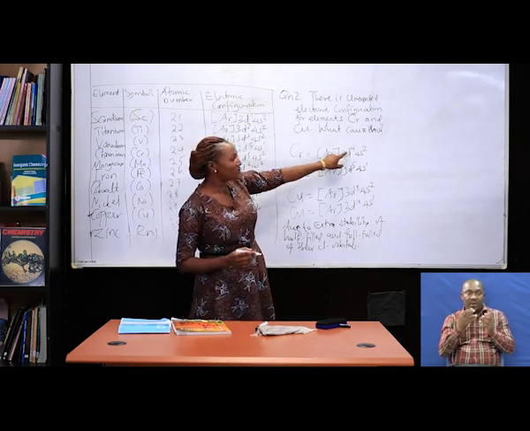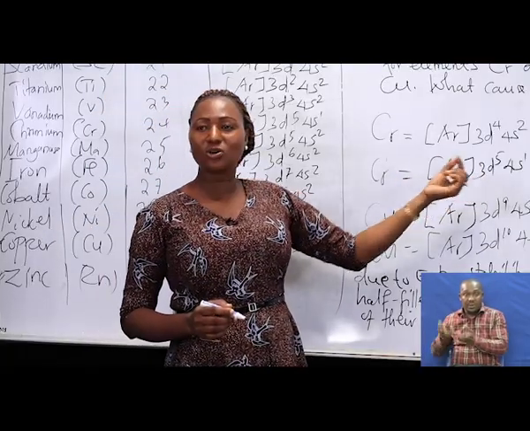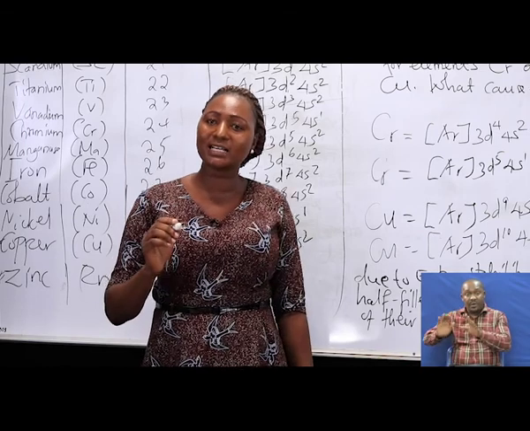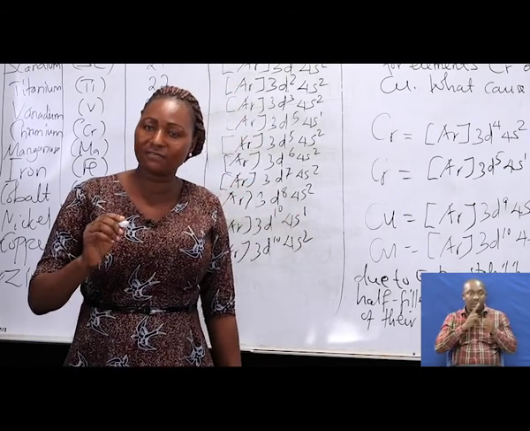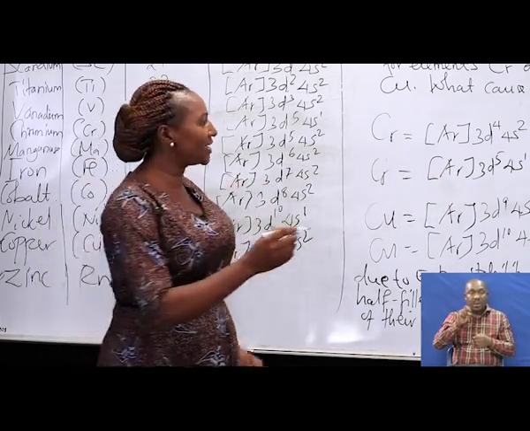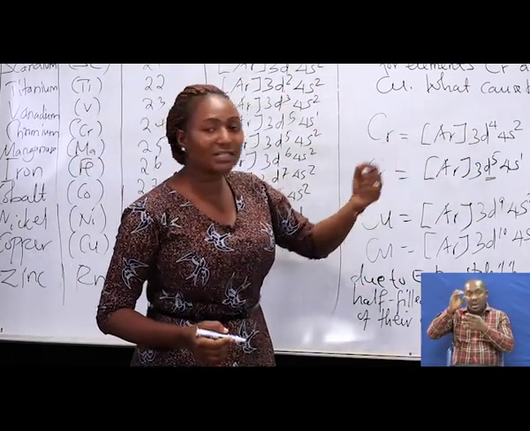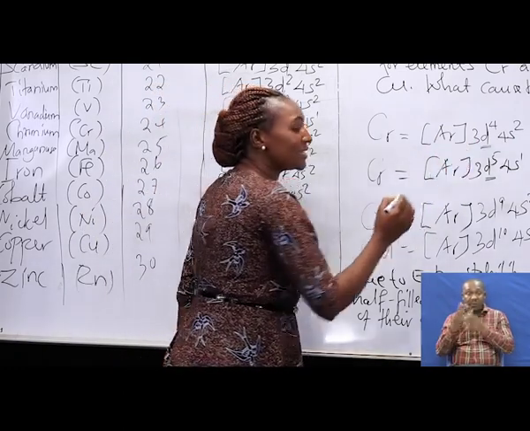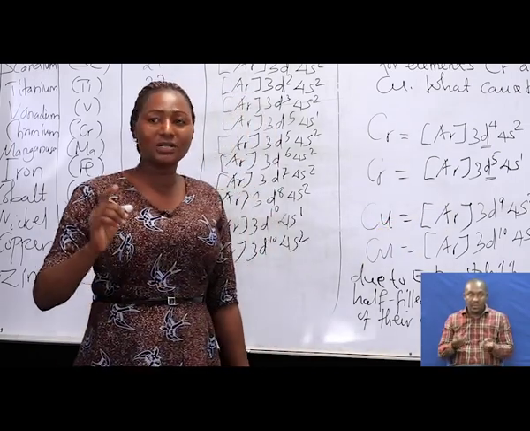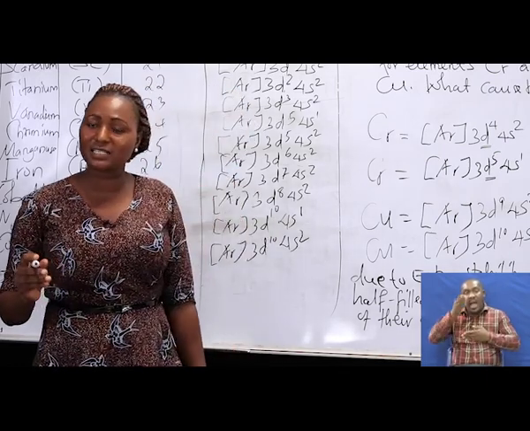For chromium, the d orbital with 4 electrons is less stable compared to the d orbital with 5 electrons. The reason is due to extra stability of half-filled d orbital. So d5 is more stable than d4. That is the case of chromium.